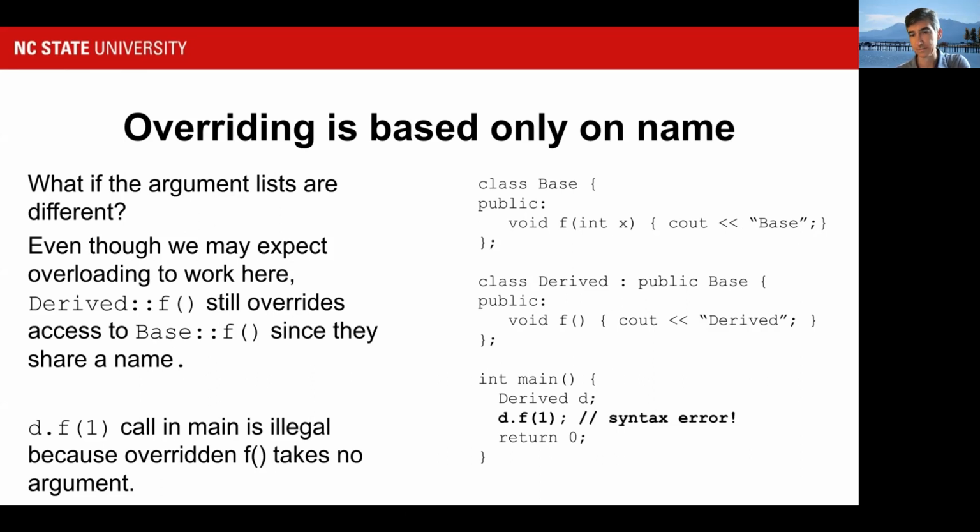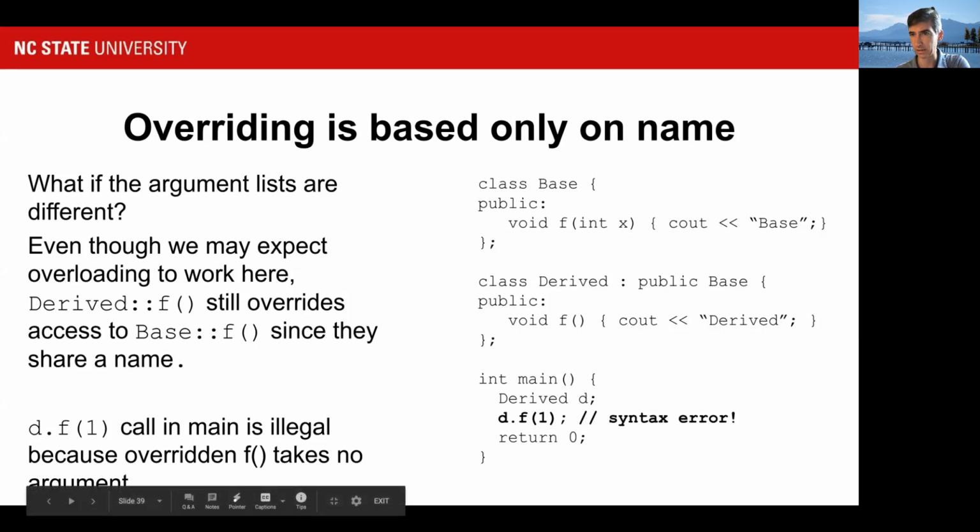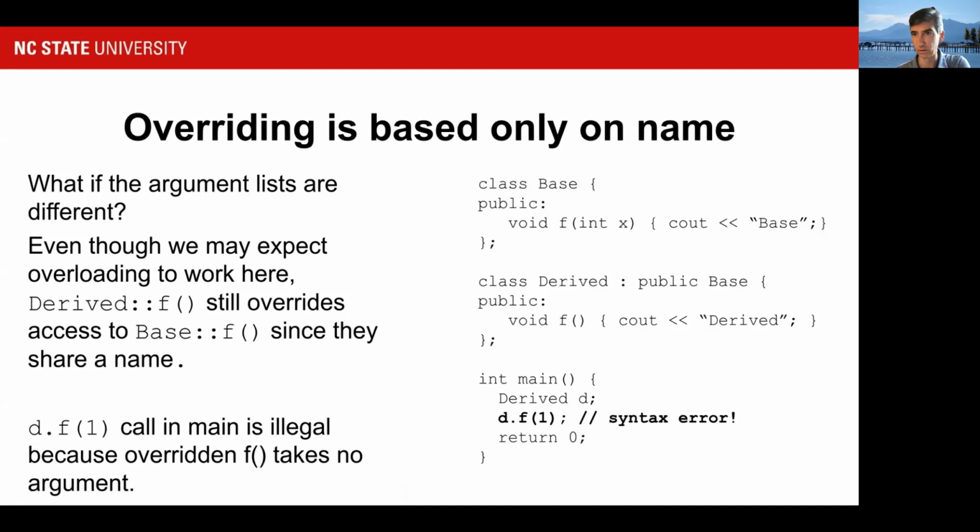Well, it turns out that overriding is very strong, and it only cares about the name of the function. The fact that I placed a function called f in my derived class basically blocks every function named f in the base class. And so the compiler can no longer see this function from the base class, and it will call this a syntax error because I'm passing in an argument to a function that expects no arguments.